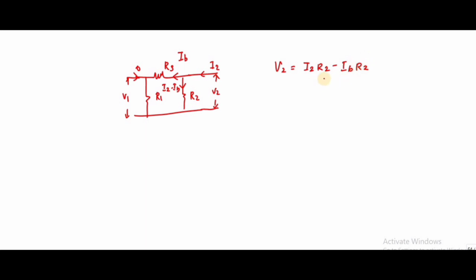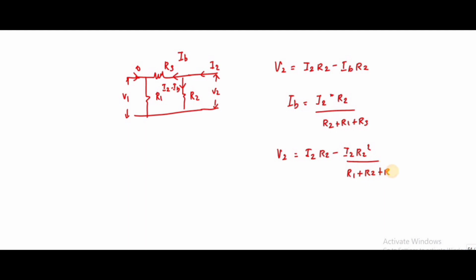So what is IB now? IB is equal to the total current I2 into the opposite resistance R2 divided by R2 plus R1 plus R3. So I substitute in the above equation. So V2 is equal to I2 R2 minus I2 R2 square divided by R1 plus R2 plus R3.